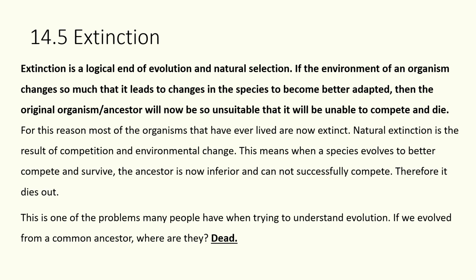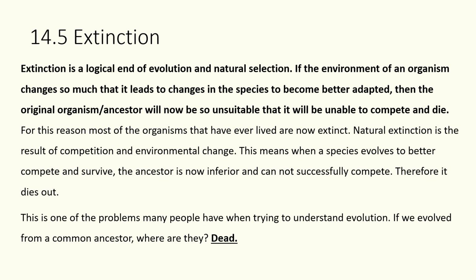Lastly, extinction. Extinction is the logical end to evolution, natural selection, because if the environment of an organism changes so much that it leads to selection and evolution, then the organisms evolve, they diverge, and they become better suited. And if the new organisms are better suited, then that means that the original organism is now unsuitable to the environment.